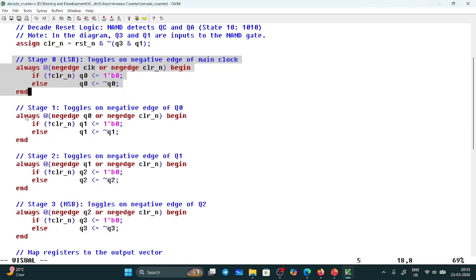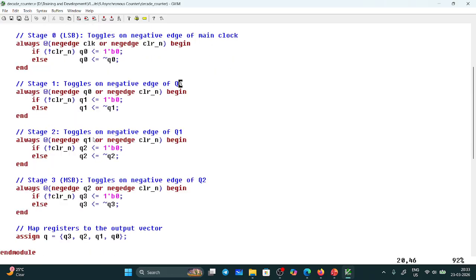And stage 1 will toggle at negedge of Q0, no? Always at the negedge of Q0 or negedge of clear_n, begin. If clear equal to 0, I am initializing to 0, or else toggle the output of the flip-flop. And stage 2 toggles for negedge of Q1, always at negedge of Q1 or negedge of clear_n, begin.